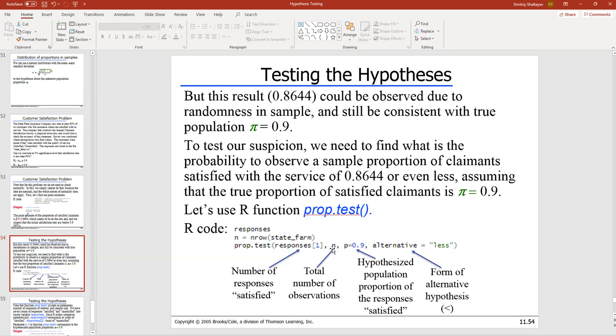Then I have to give it the number of observations, or simply sample size. Then the hypothesized proportion, as it was hypothesized in the null hypothesis. That would be 90% or 0.9. And for the alternative, I have the same selection. Just like for the t.test function, my options were less, greater, and two-sided. So for proportion testing, I'm doing pretty much exactly the same. I have the same options for the alternative hypothesis.